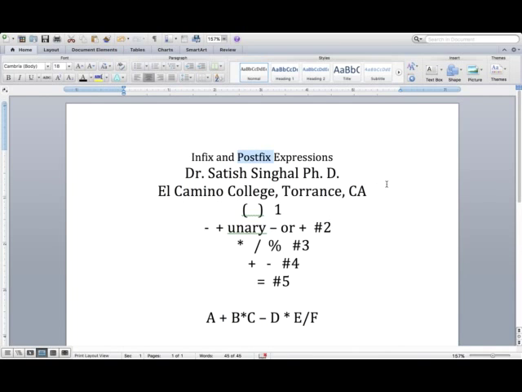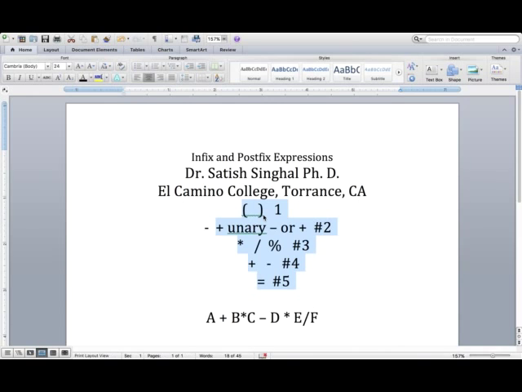Let me say something about the postfix expression. Postfix expressions are such that we'll have 2 operands or more operands, and there will be an operator after that. In evaluation of a postfix expression, we do not need this operator precedence chart that I have here, and they do not have parentheses because order of operation is already built into the postfix expression.